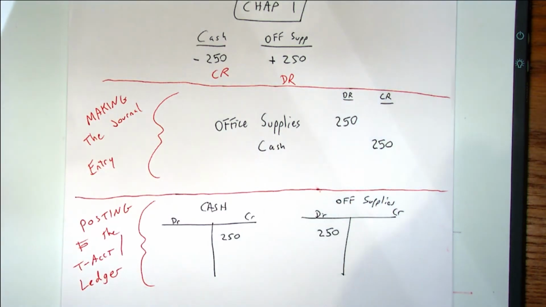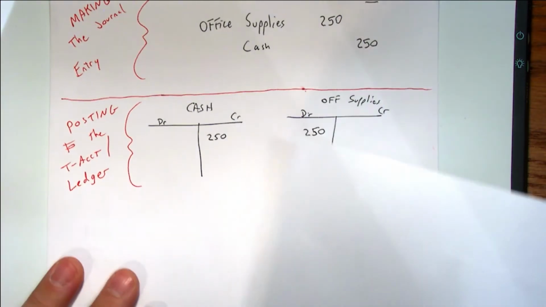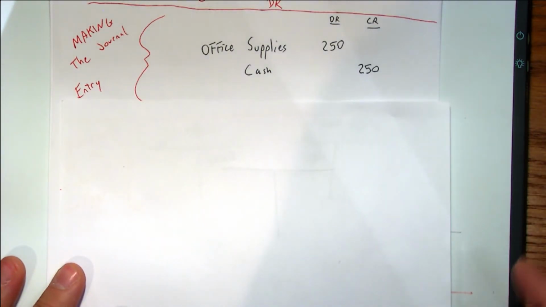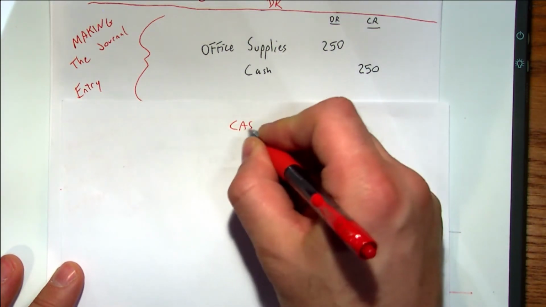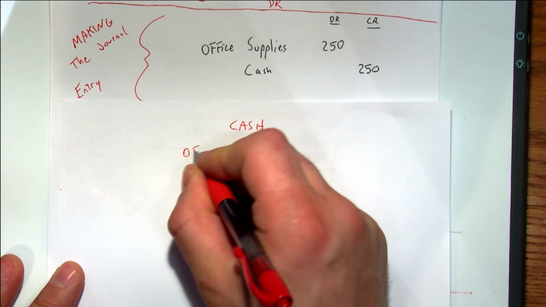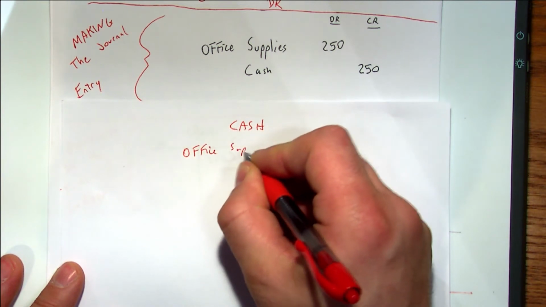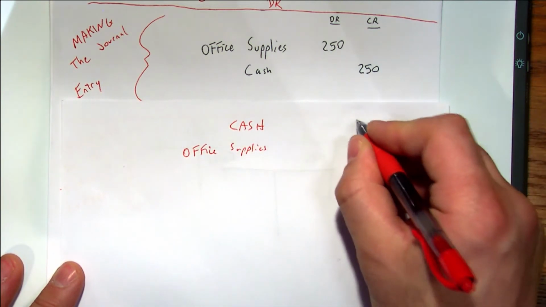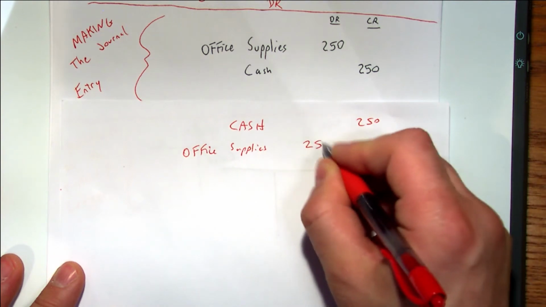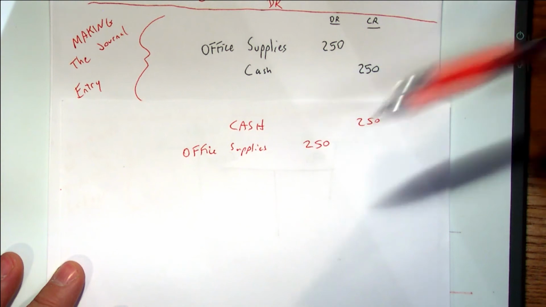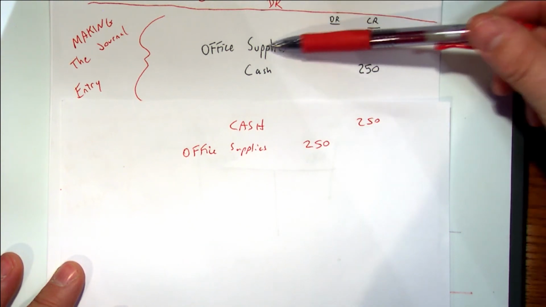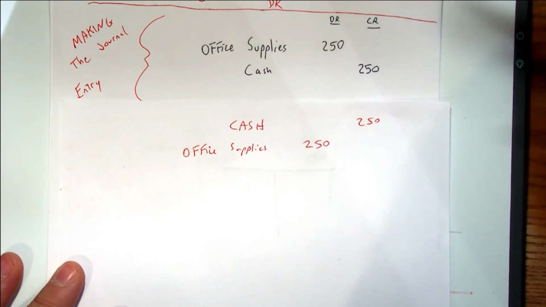Okay? I'm going to show you some incorrect ways that I've seen people do this journal entry right here. These are incorrect ways. This is the most common incorrect way. No. You see why that's wrong? You list the accounts being debited first and then the accounts being credited.